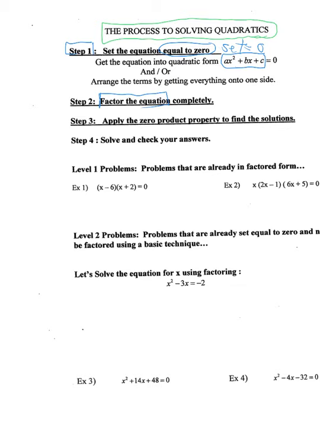After we factor it, that means we got double parentheses probably, sometimes even 3 parentheses, but we're now going to use the zero product property that we just finished talking about on the previous page to find those equations and get their answers. Of course, you're supposed to check to see that they actually do work. Sometimes we don't really do that enough. So let me give you a very simple example.